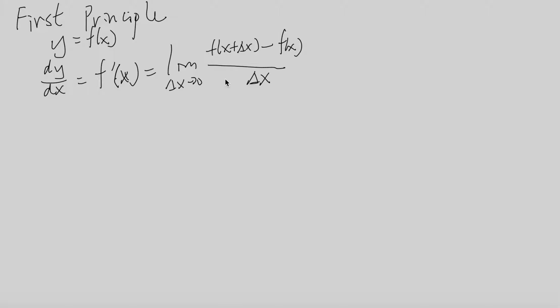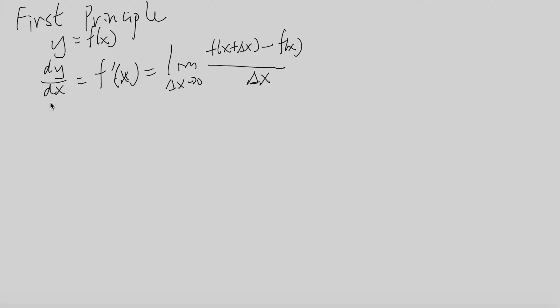Yesterday I showed you how to use first principle for functions like y equals x squared and y equals x to the power of 3. I asked you to do some practice on your own, even-numbered questions from 1 to 15, something like that. If you have not finished it, use this double lesson to finish it.